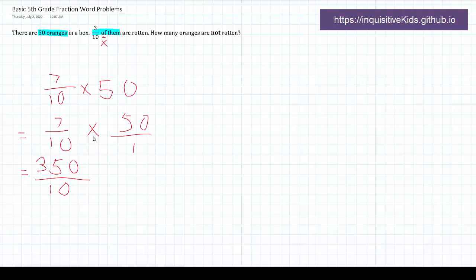We need to simplify our answer. They're all multiples of 10, so you can just cross out 10 on both top and bottom sides. So we get 35 over 1, which equals 35. 35 of the oranges are not rotten.